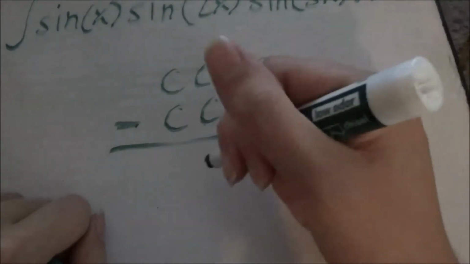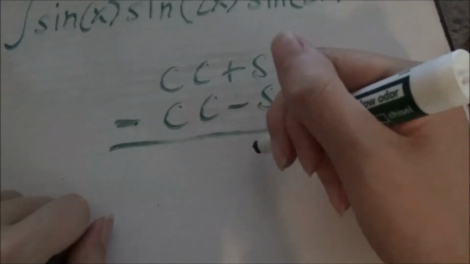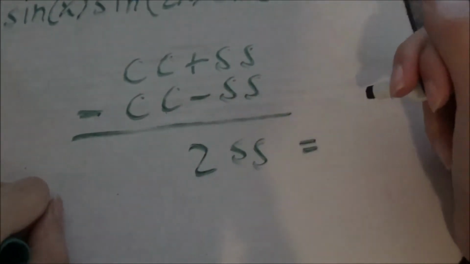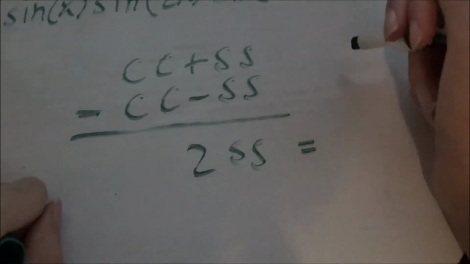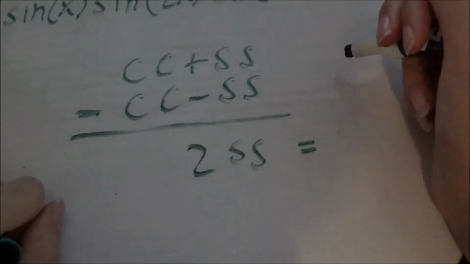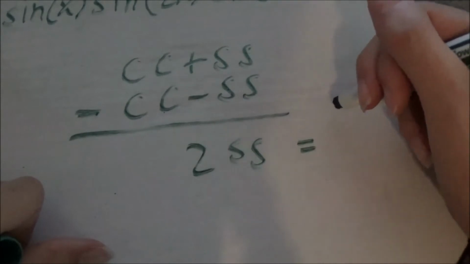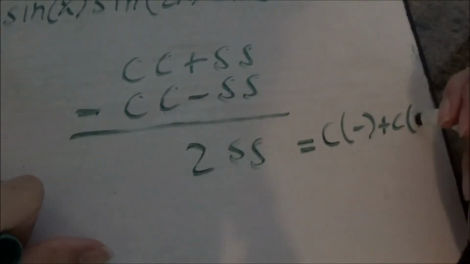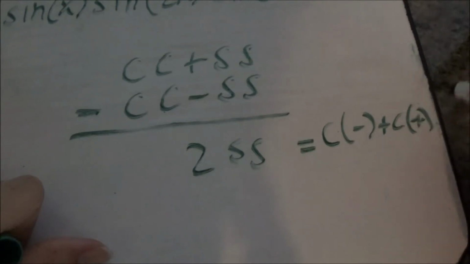So this is cosine with a minus plus cosine with a plus. You see where I'm going.